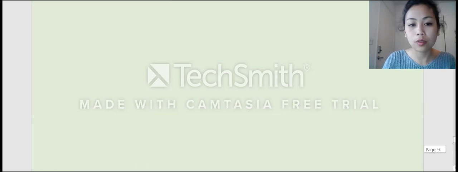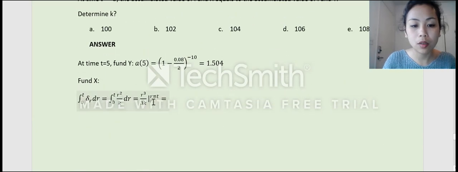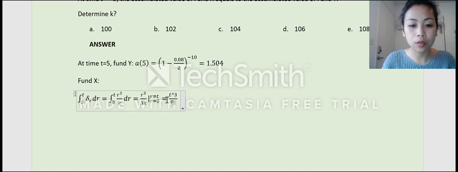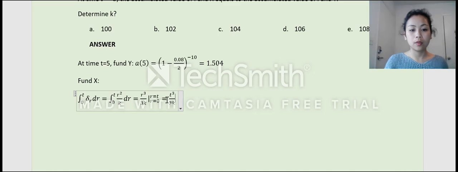I'm very sorry about that, this is a little bit messy. So this is r equal to 0, so this is equal to t cubed over 3k. So that is how we find the integral.